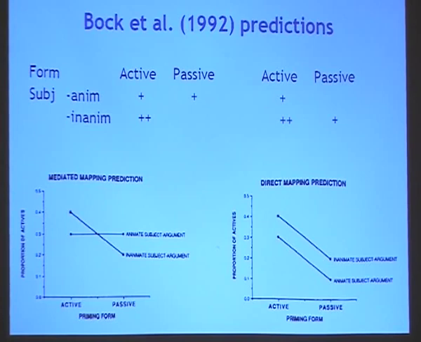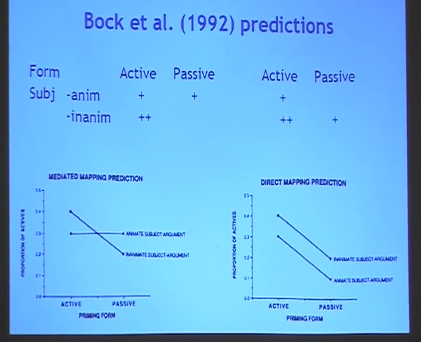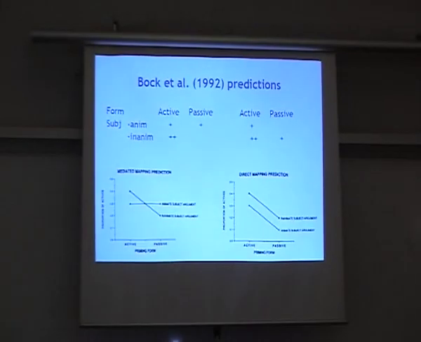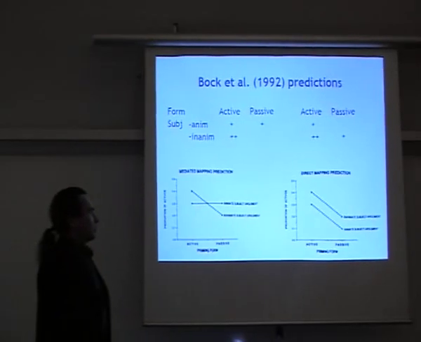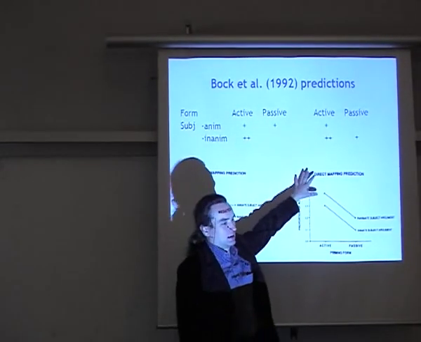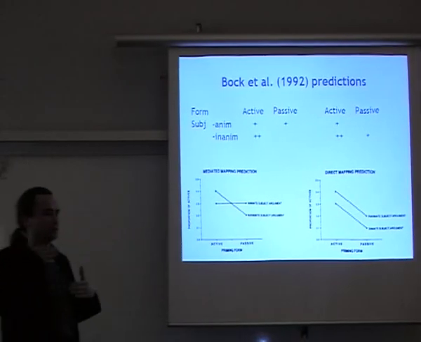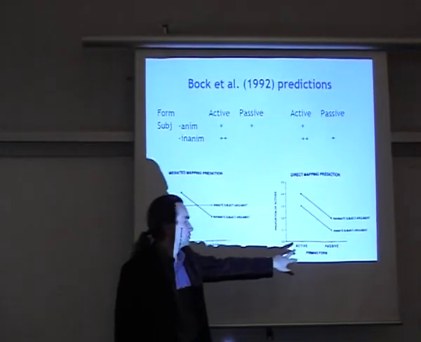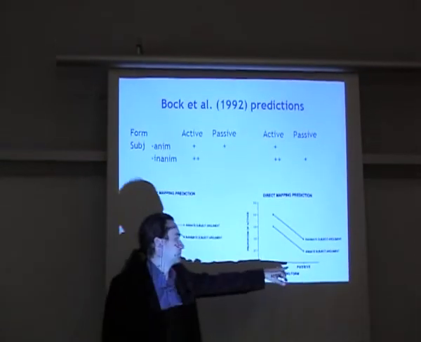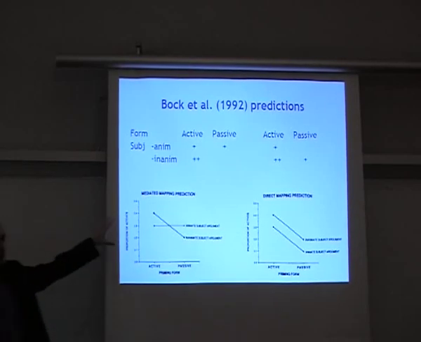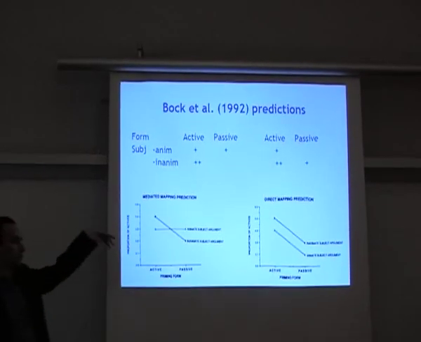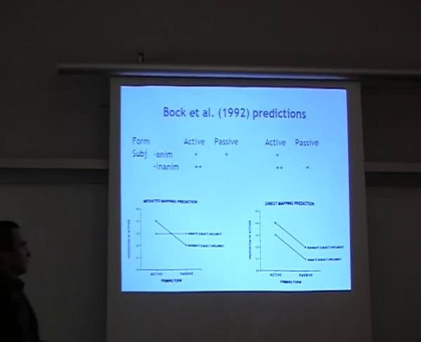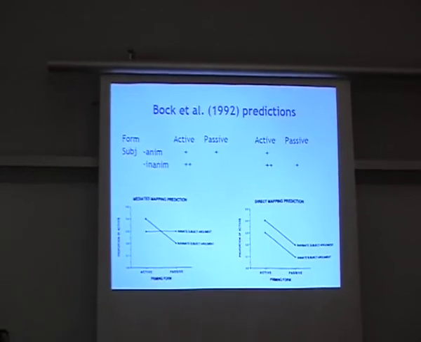Now, the assumption of what they call the mediated mapping approach, the approach that involves some sort of deep structure representation, would be different from the prediction of a direct mapping approach that generates the surface structure directly. And the difference is what should happen after passive primes. These are predicted proportions of active type sentences.